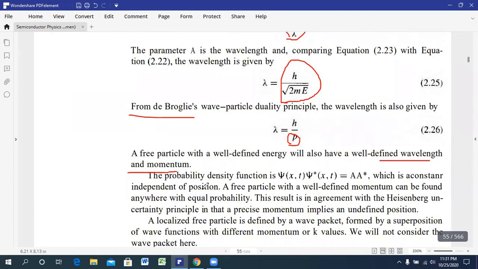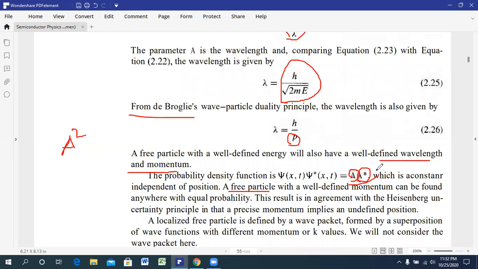Now the probability density function. The probability density function, psi of x and t multiplied with the asterisk sign of psi of x and t, should be equal to a with another asterisk sign of a. That means these two are complex conjugates, isn't it? So if these two are complex conjugates, then this should be equal to a square. So a free space particle with a well-defined momentum can be found anywhere with equal probability.